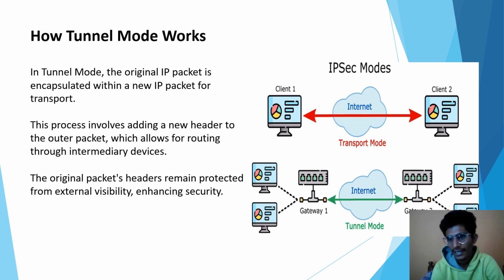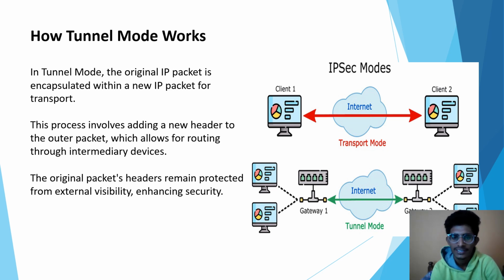Here we have client 1 and client 2, with the internet in between. Like this the data packets are transferred in transport mode. And here we have gateways between the two points, gateway 1 and gateway 2.